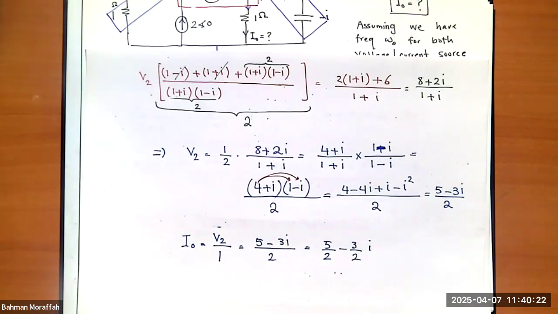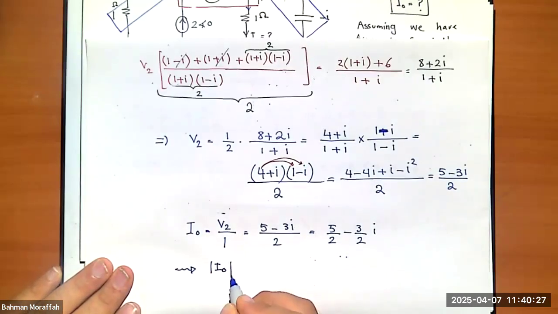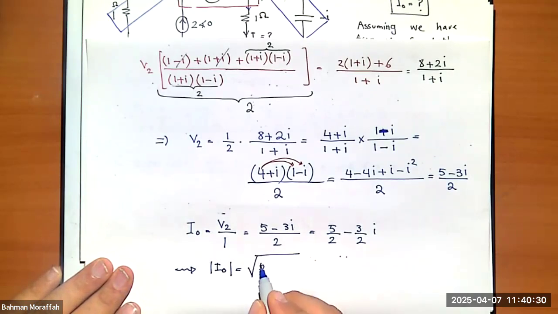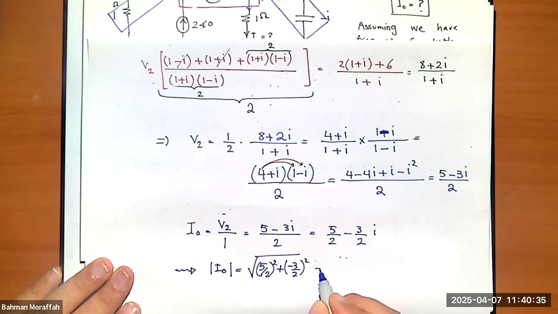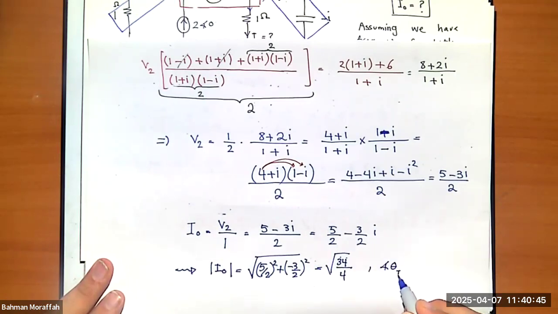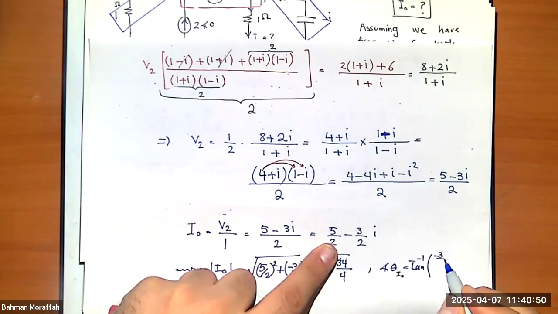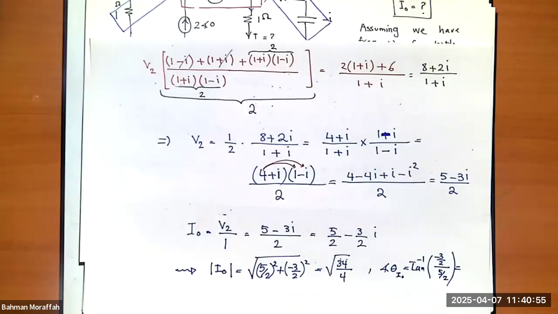Magnitude and a phase. So the magnitude of I naught is the square root of 5 over 2 squared plus minus 3 over 2 squared, which is the square root of 34 over 4. Right? I also need the angle, which is the tangent inverse of minus 3 over 2 divided by 5 over 2. What quadrant is this point located in?